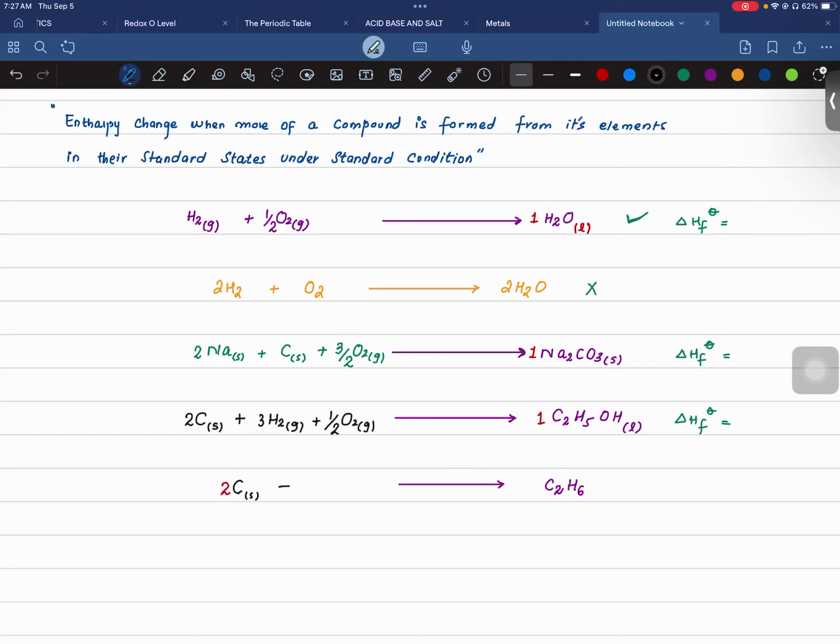And how many hydrogens do I need to make this C2H6? What's the standard state for hydrogen? Gas, H2 gas. I need to make six hydrogen atoms, so balance this equation. I am supposed to have 3 over here. Exactly. So this is the standard enthalpy change of formation.